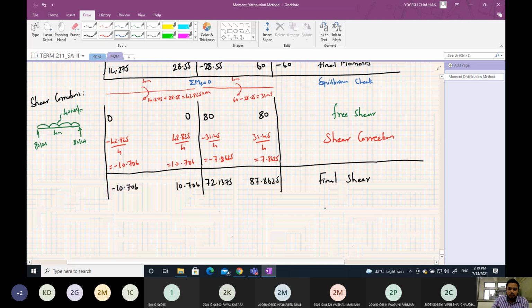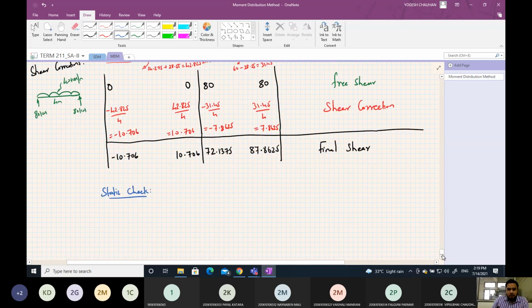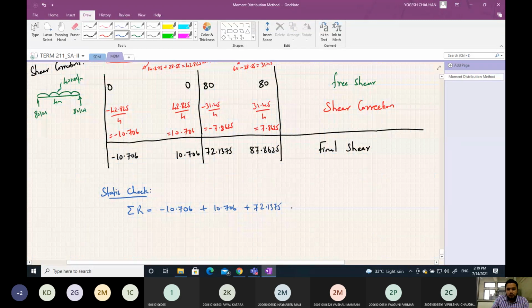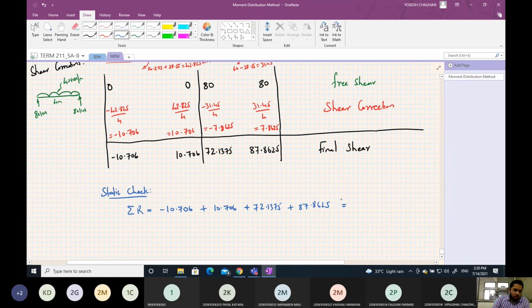Same way, here we will do static check. So for static check, summation of all the reactions will be equal to minus 10.706 plus 10.706 plus 72.1375 plus 87.8625. So sum total reactions will be 160 kilonewton.